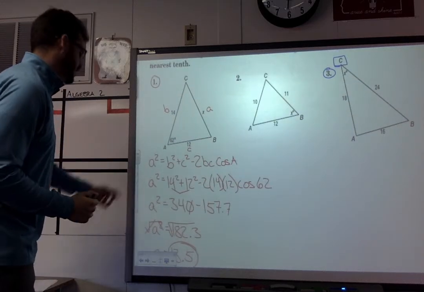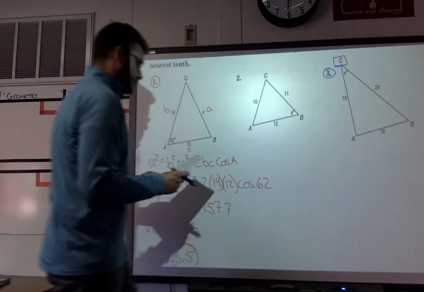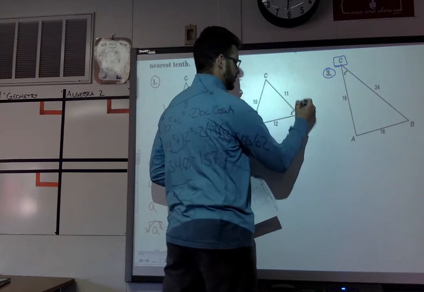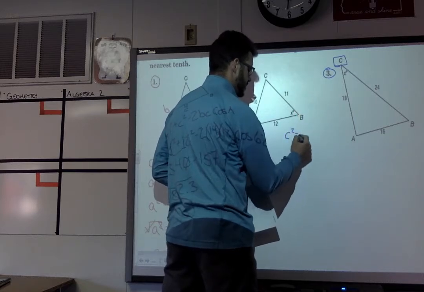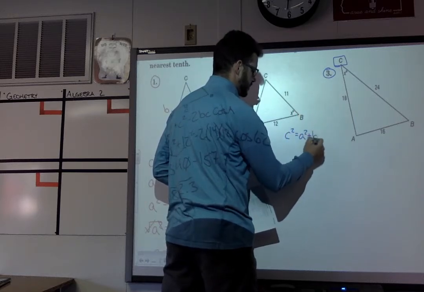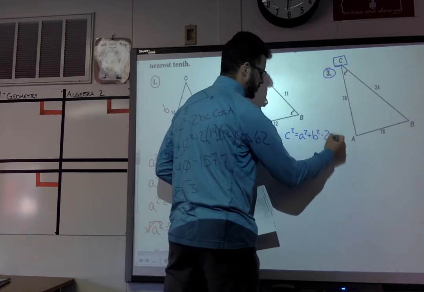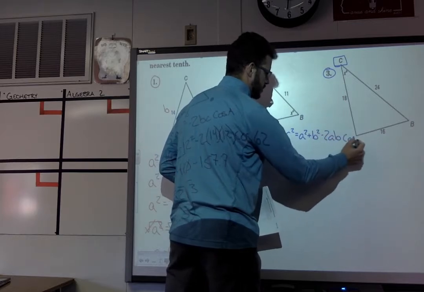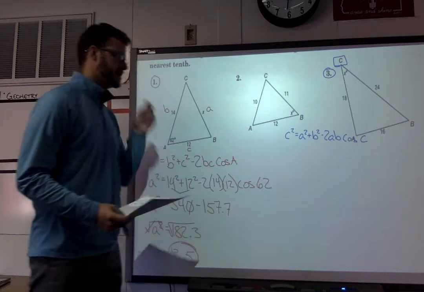The one that we're using is C squared equals A squared plus B squared minus 2AB times the cosine of C.